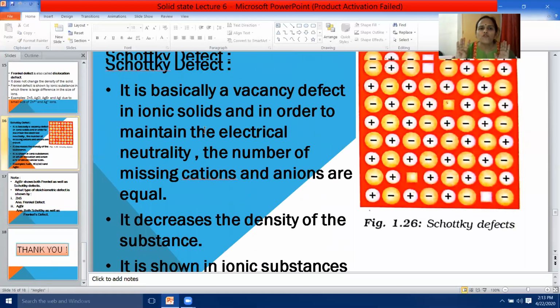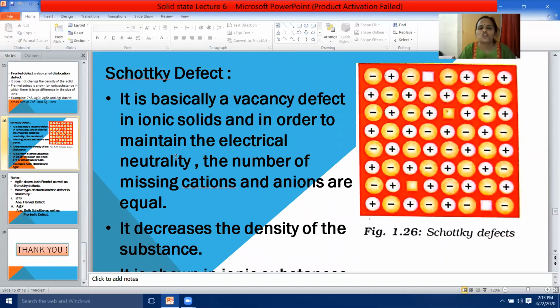Let me come to the fourth type of defect, that is Schottky defect. It is also basically a vacancy defect in ionic solids, and in order to maintain electrical neutrality, the number of missing cations and anions are equal. So an equal number of anions and cations are missing from their lattice points.